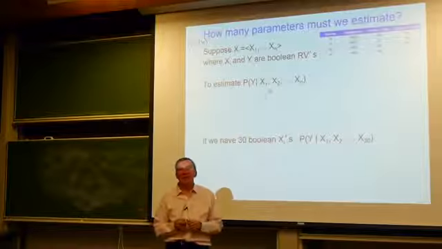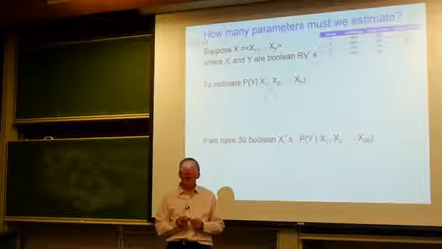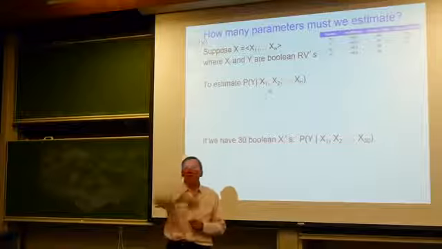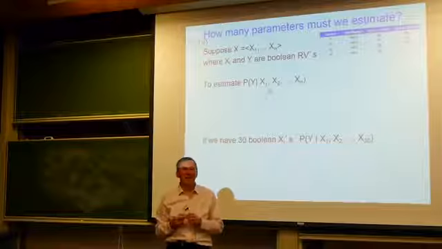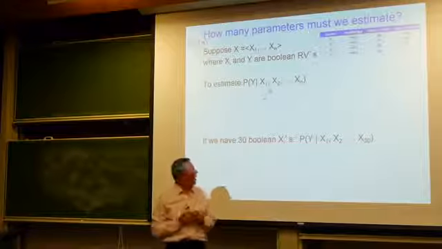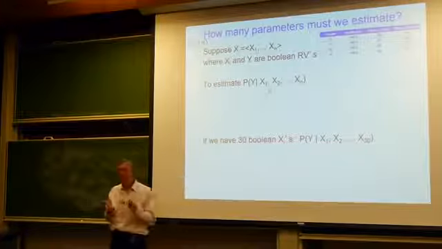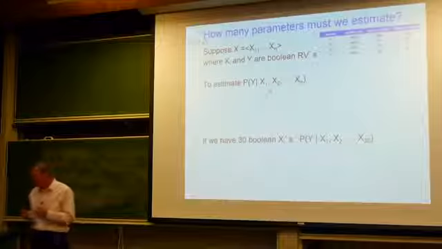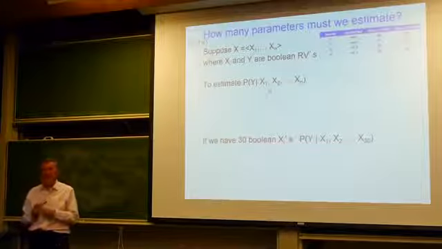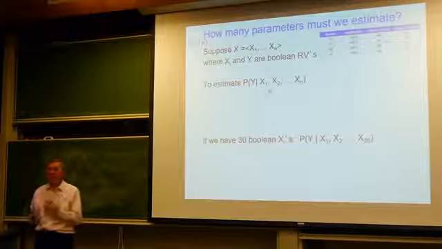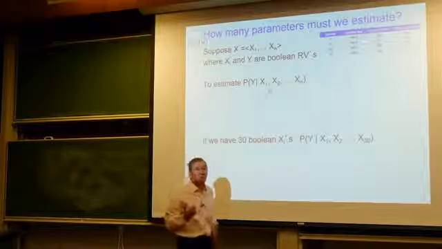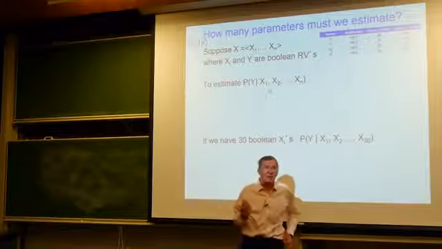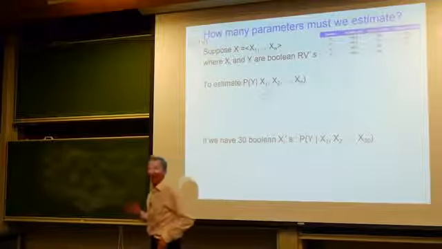Feasible in the sense that we could train a classifier with only 150 examples, like the people in this room. And so we're interested in what kind of assumptions we can make or reformulations we can do that reduce the number of parameters down to the point where a reasonable amount of training data could be used to train it.